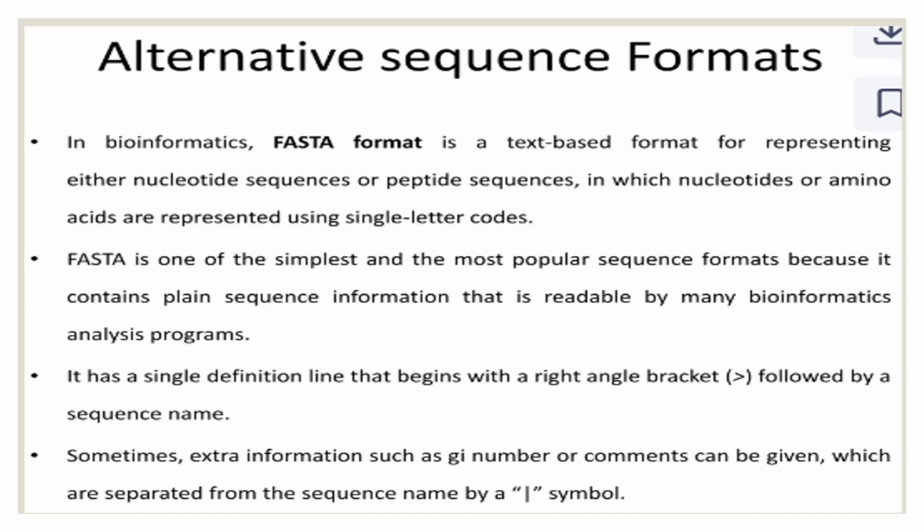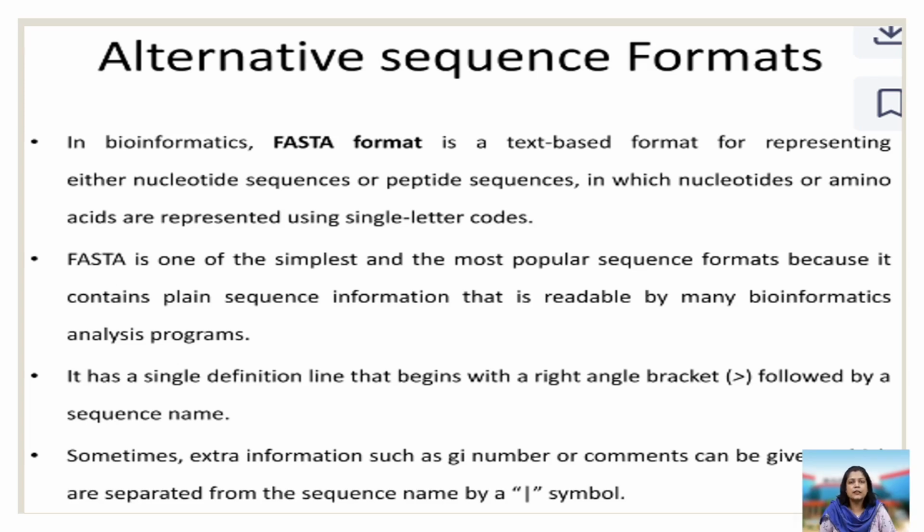In bioinformatics, FASTA format is a text-based format for representing either nucleotide or peptide sequences, in which nucleotides and amino acids are represented using single-letter codes. FASTA is one of the simplest and most popular sequence formats because it contains plain sequence information that is readable by many bioinformatics analysis programs.